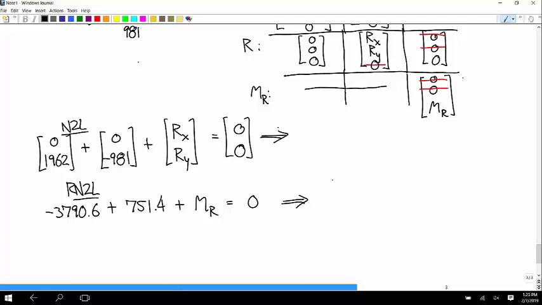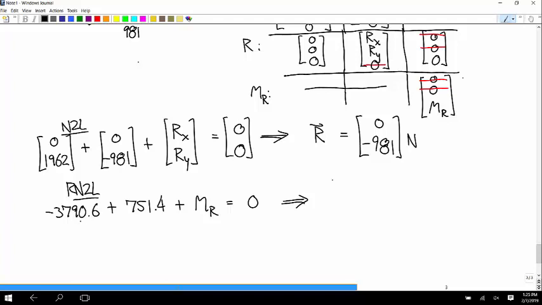And so now you have two equations from Newton's second law that say Rx is equal to 0 and Ry is equal to negative 981. You just solve the algebra. That's in Newtons.